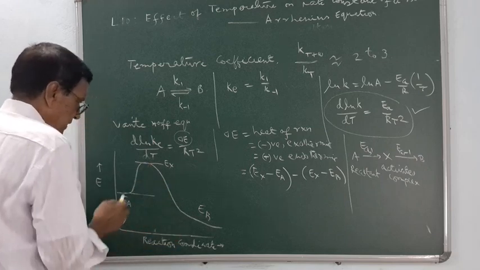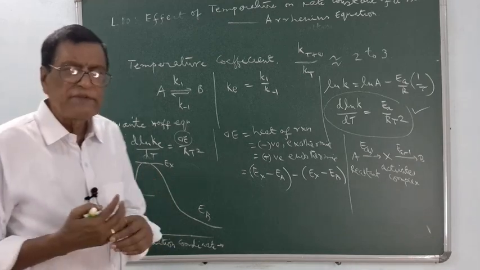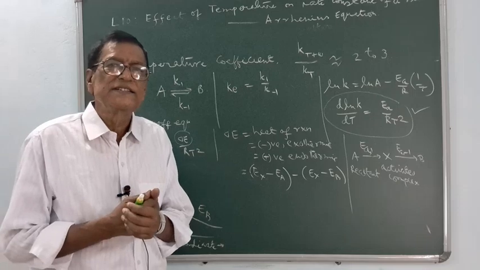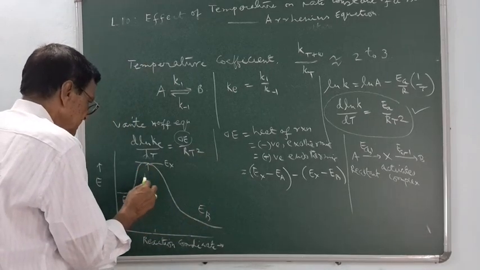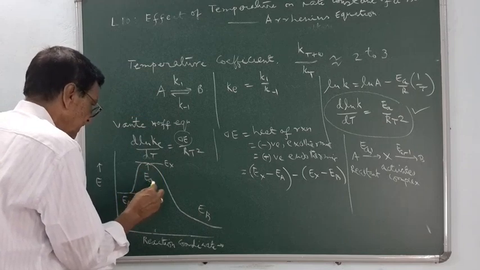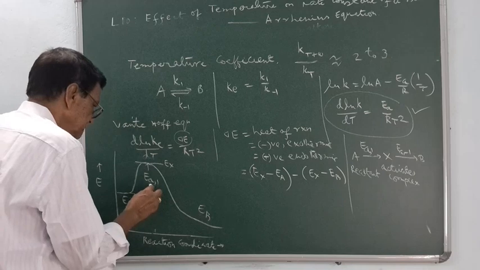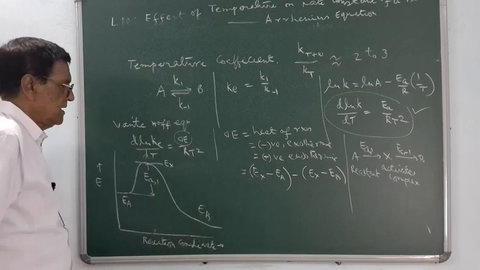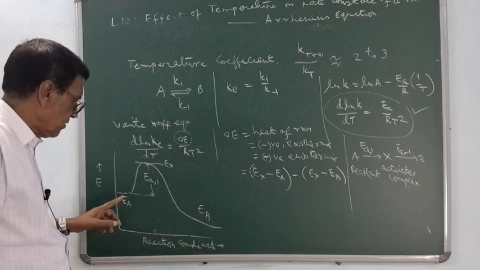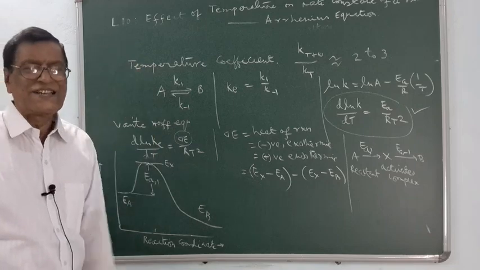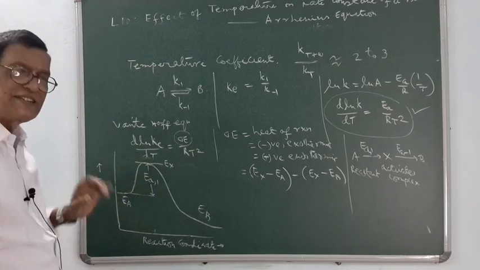So reactant molecules have a certain average energy, and that is EA, and this one is called EA1, the activation energy for the forward reaction to reach from A to X. This is the excess energy.